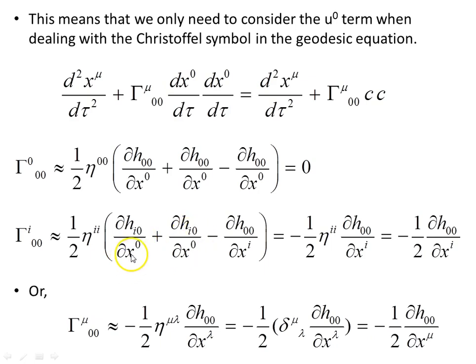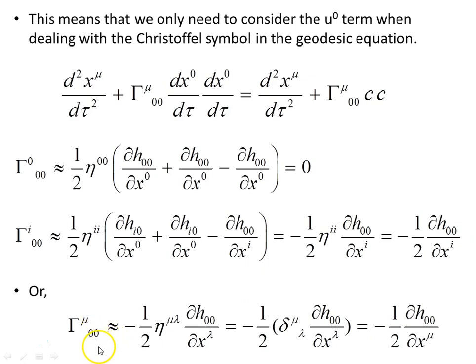Substituting in here, the derivative with respect to time, these two terms will disappear. We're only left with this negative term on the end, because it's the derivative of h0, 0 with respect to the spatial indices, spatial coordinates. So minus a half eta ii dh0, 0 dxi is minus a half dh0, 0 dxi.